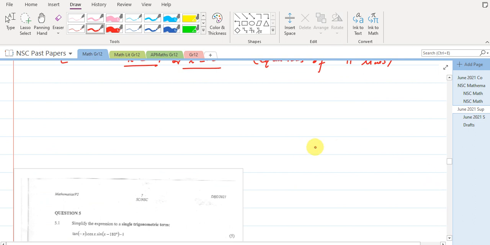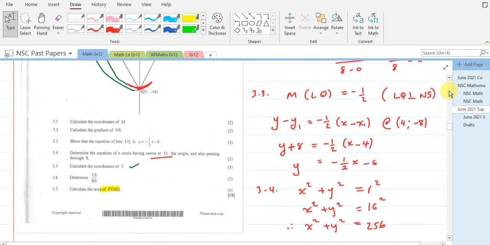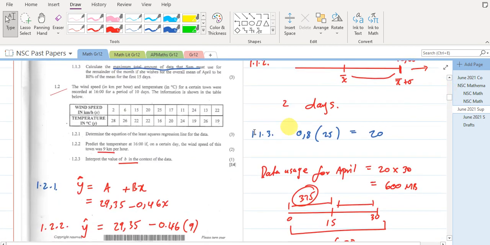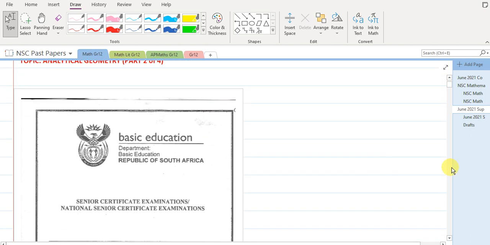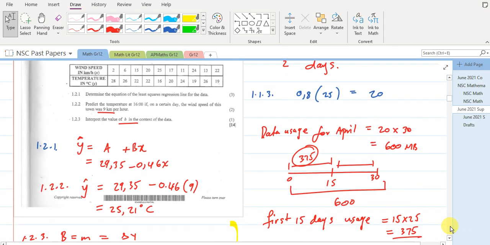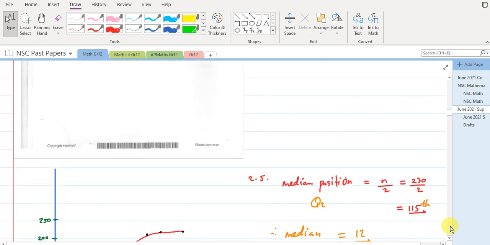Remember guys, maths paper 2 is broken up into 4 different sections. First one is obviously statistics. As you look at this paper, in stats there was 14 and 9, about 23 marks.